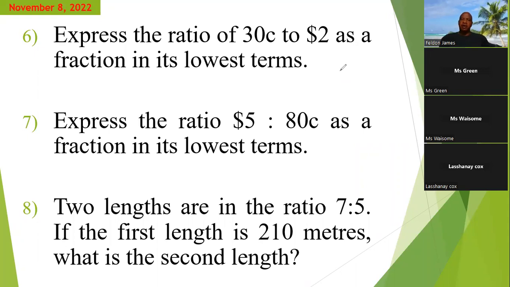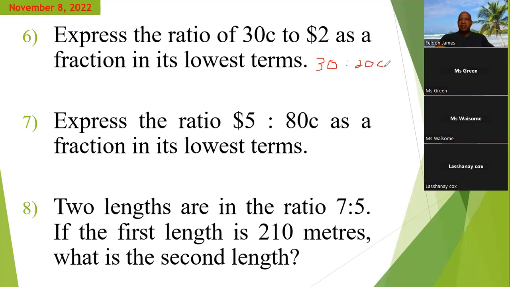Exactly. So if $1 gives you 100 cents, then $2 will give you 200 cents. So 30 cents to $2 would be written as the ratio as what? So, sir, it would be 20 over 200? So we would write it as the ratio of 30 to 200.